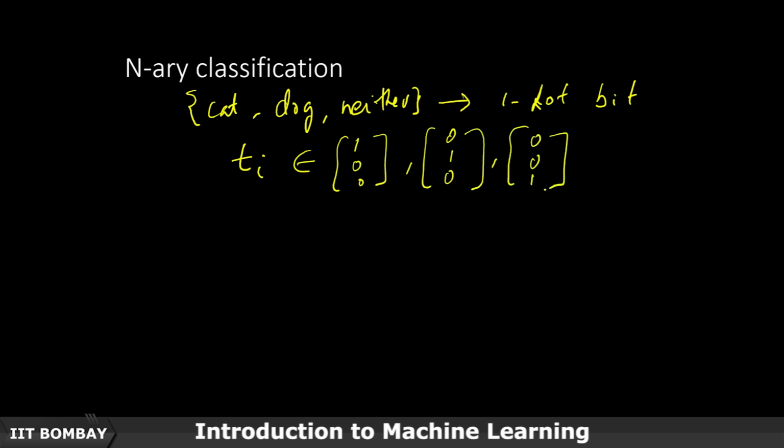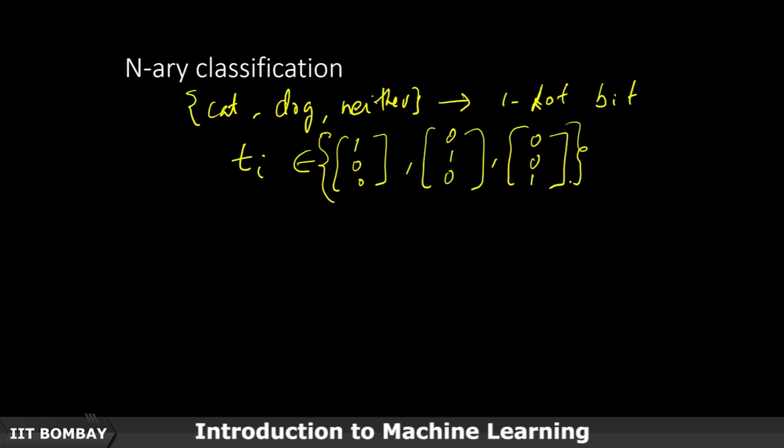So it's going to be a 3-dimensional vector, but it can be only one of these 3 vectors. This is called one hot bit encoding. If it has n different classes, then we will have n different such vectors, and each of them will have exactly one 1, and the rest of the terms will be 0. That is called one hot bit encoding. Okay, so this is the structure of T.